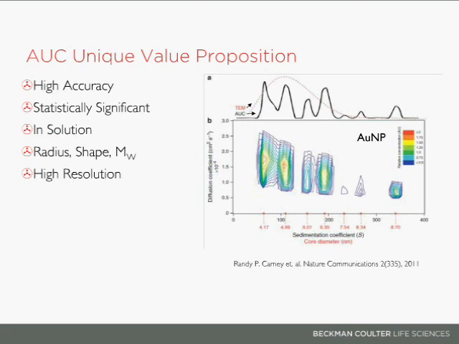They had 7 different gold nanoparticle species ranging in core diameter from 4.5 to 8 nanometers. When examining by TEM, which is the red dotted line, you see that one broad species was detected. But when run through AUC and plotting sedimentation coefficient versus diffusional coefficient, they're able to pick out all 7 distinct species. And it's visually apparent just by looking at the graph.